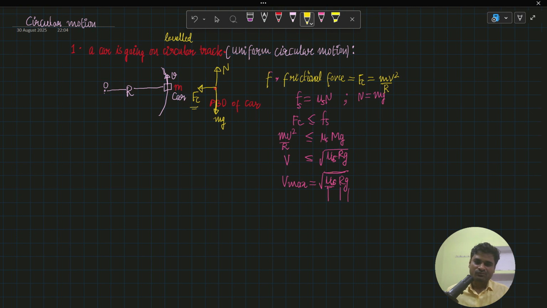What will happen, the vehicle will skid outside the road. So it will skid or slip outside the road. So this is the maximum velocity allowed.